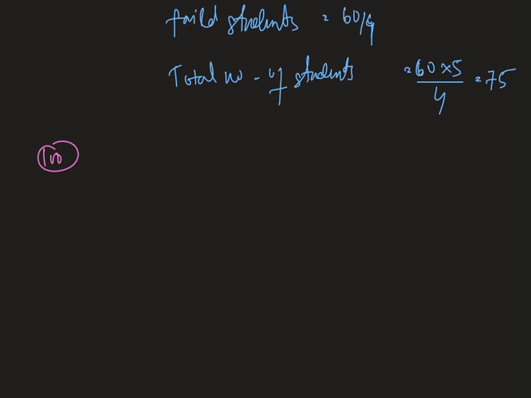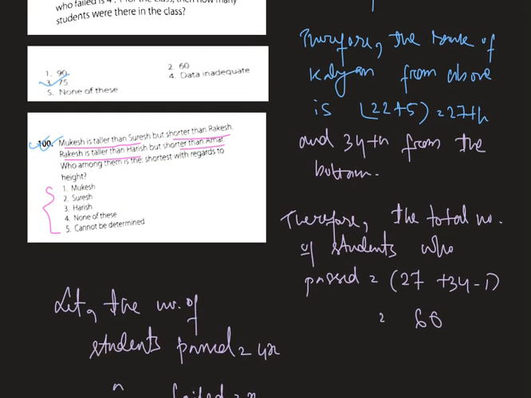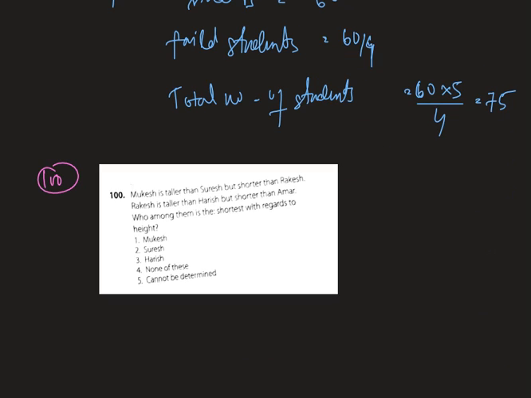So first of all, we are given that Mukesh is taller than Suresh. Suppose Mukesh is denoted by M and he is taller than Suresh, denoted by S, and shorter than Rakesh.